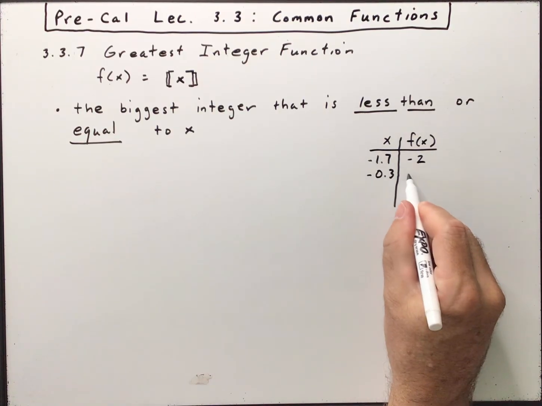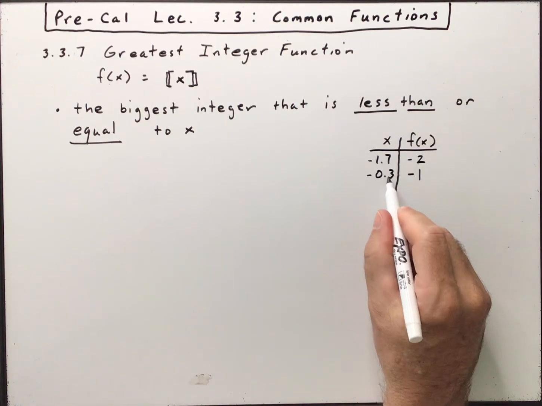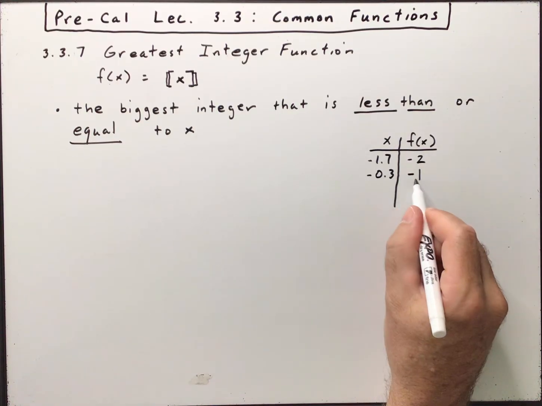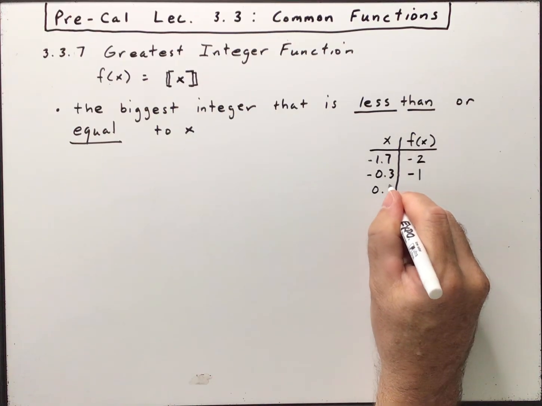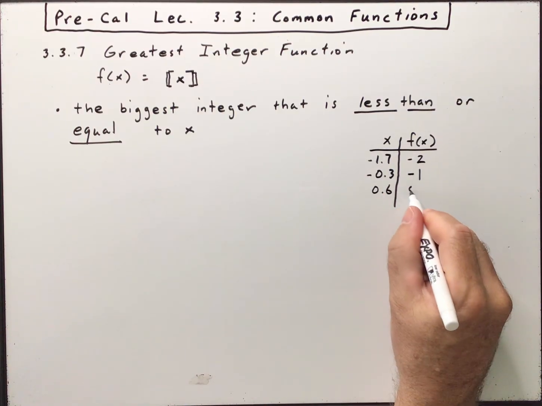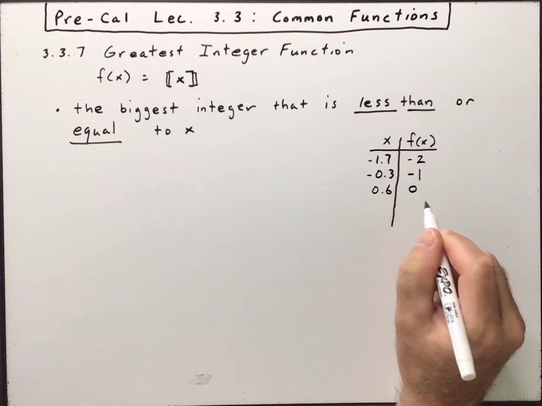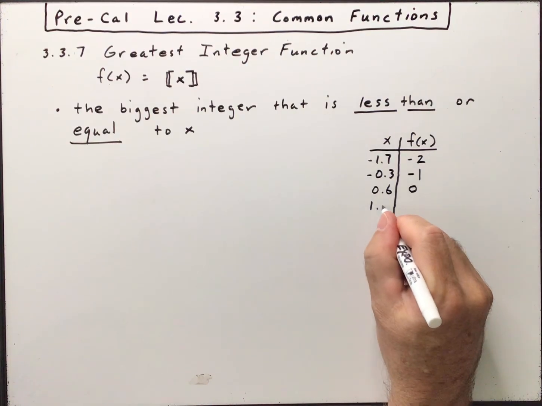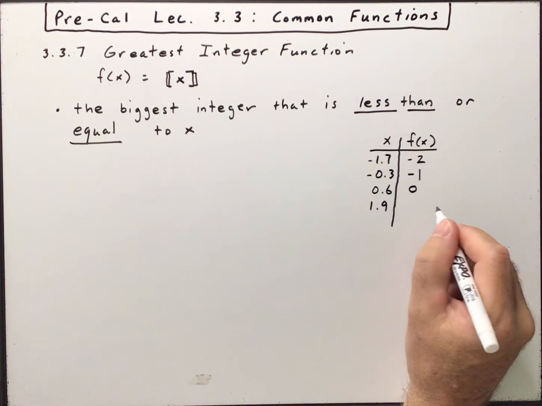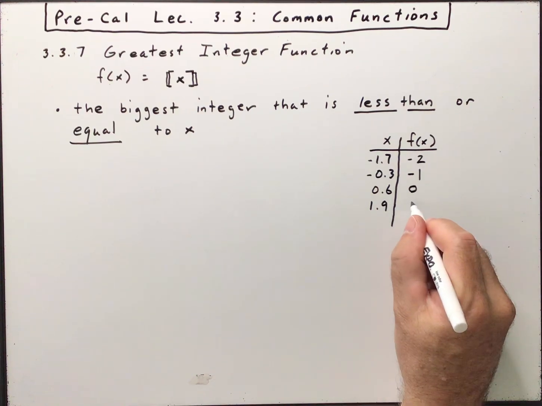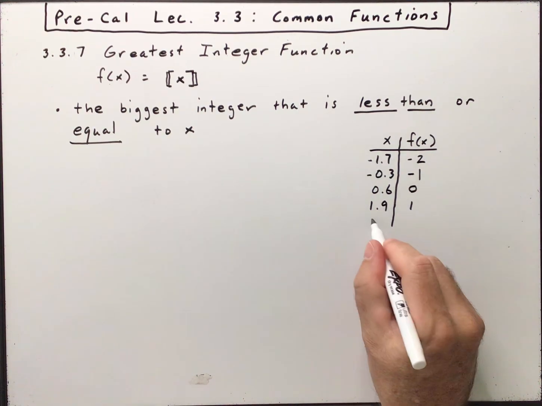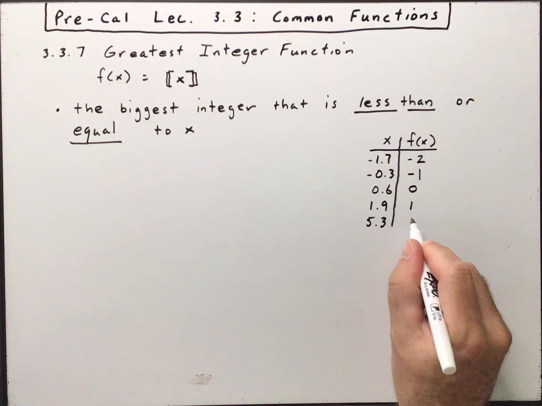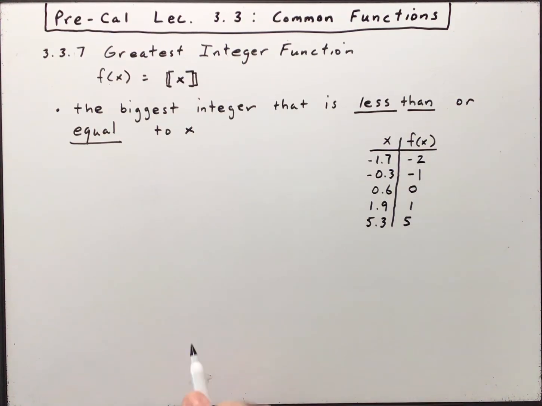The next integer rounding down, you don't round to 0, that's rounding up. You round down to negative 1. How about if you had 0.6? That would round down to 0. 1.9, that wouldn't round up to 2 with the greatest integer, it rounds down to 1. 5.3 would round down to 5.